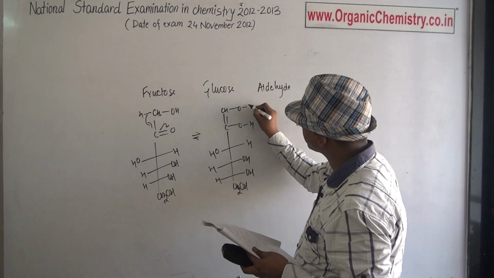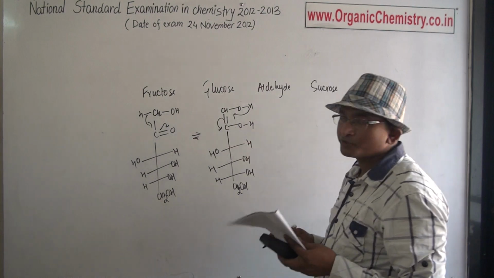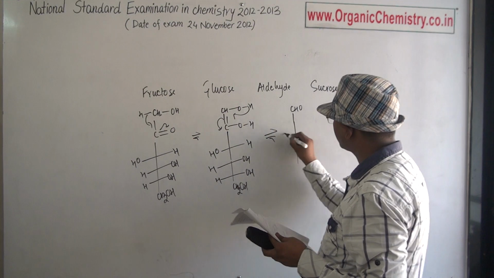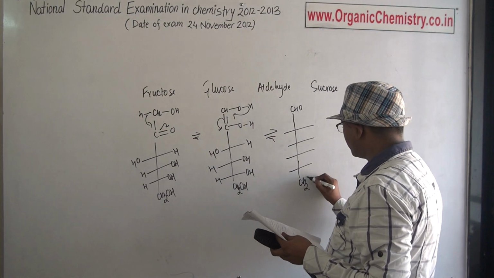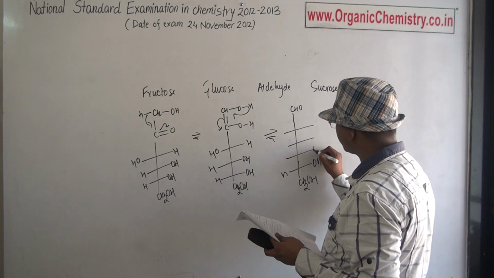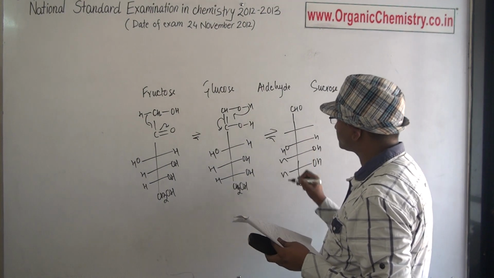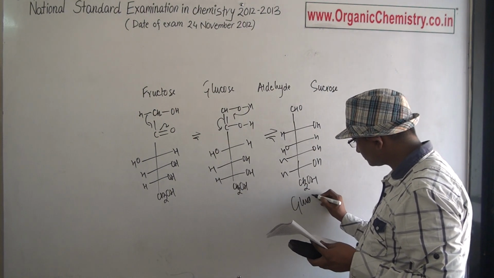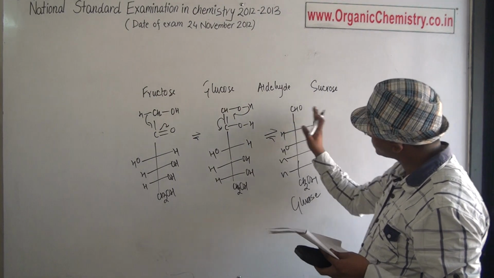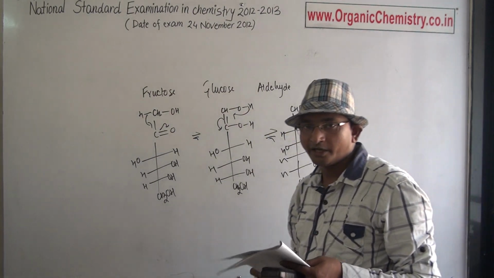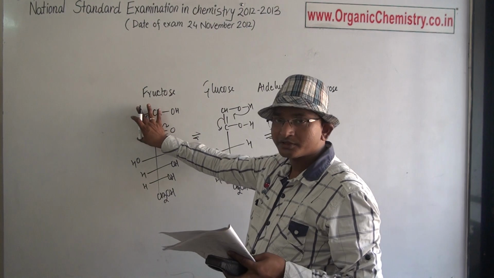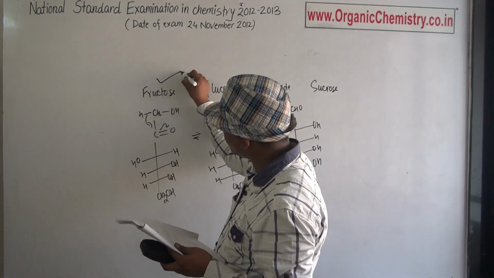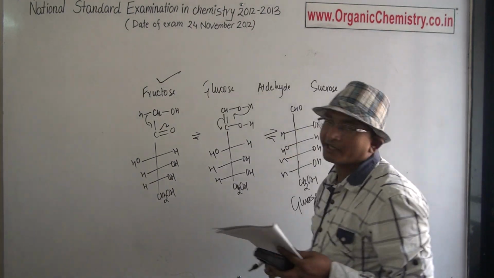And this hydrogen again moves from this position to this position. It will form CHO, CH2OH, OH, H, OH, H, H and OH, and OH and H. This is glucose. And if OH is on this side, H on this side, that is called mannose. So in basic solution fructose exists as glucose and mannose. So this fructose, instead of having a ketonic group, also gives a positive Benedict test.